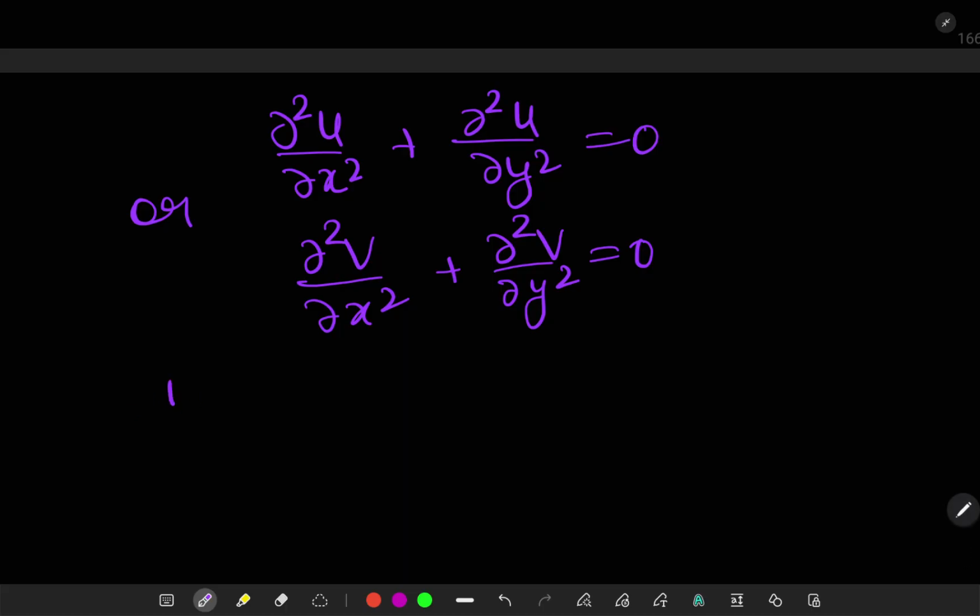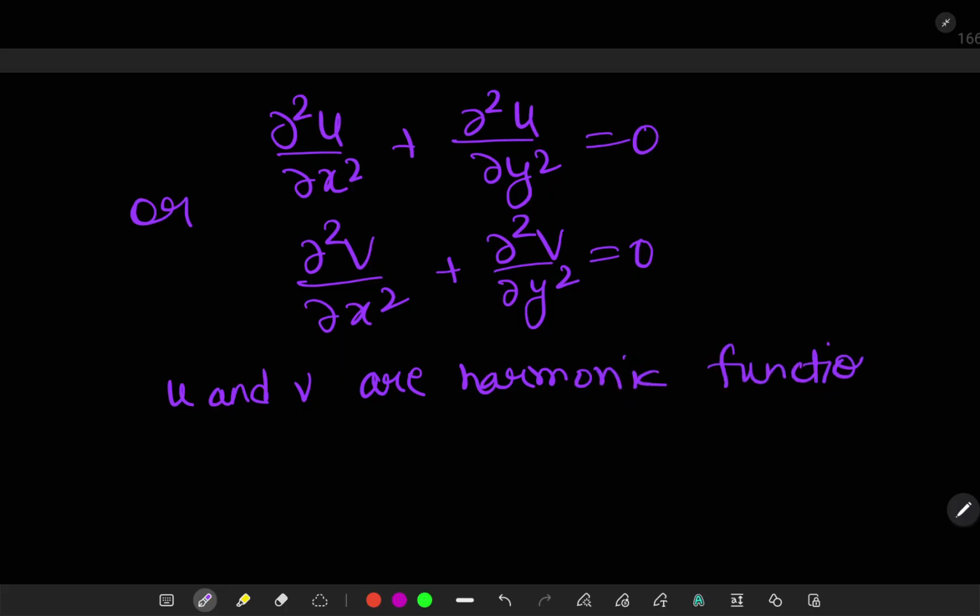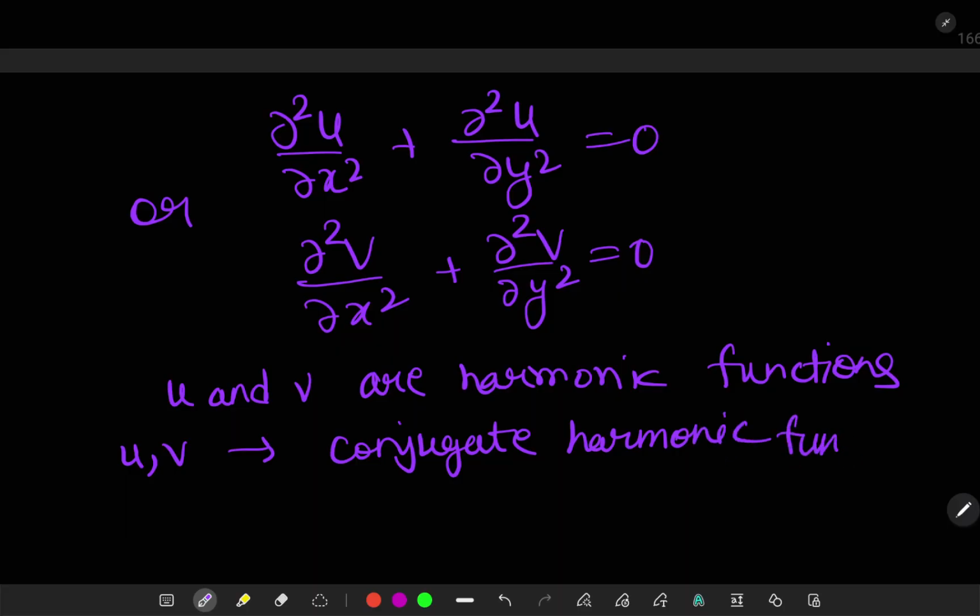If both u and v are harmonic functions, such functions u and v are called conjugate harmonic functions.